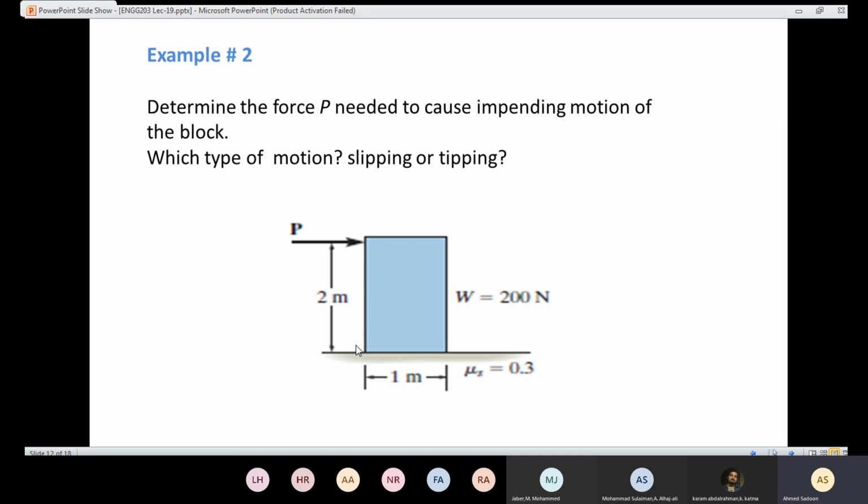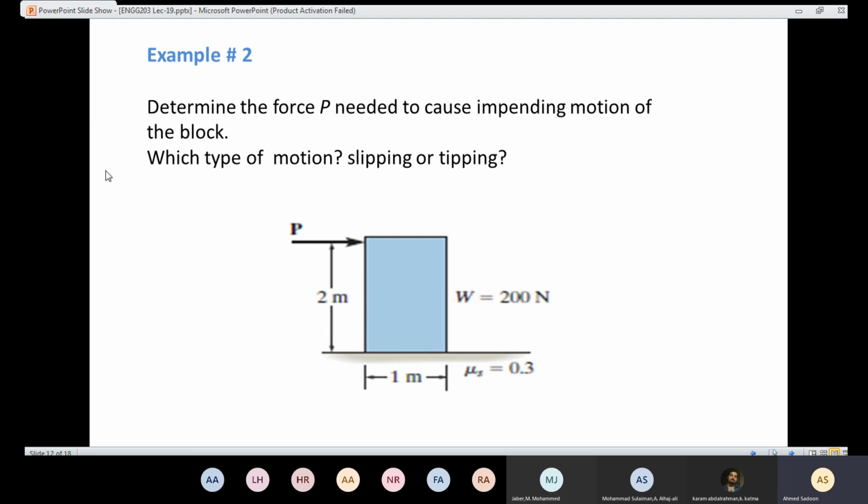So in this example, we have that box. The height is 2 meters and the width is 1 meter. The weight of that box is 200 newtons, and the coefficient of friction is 0.3.